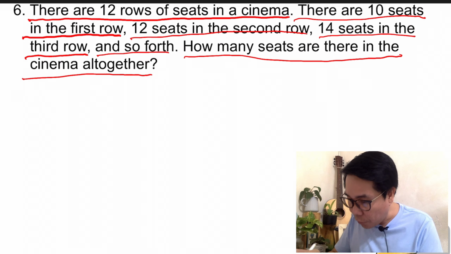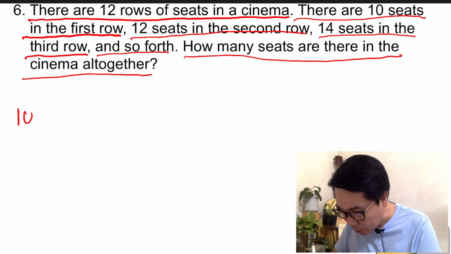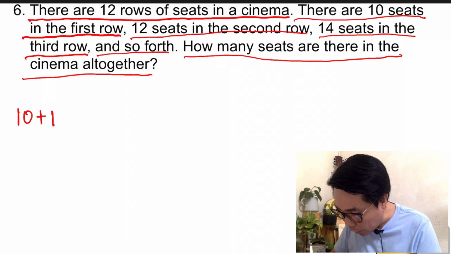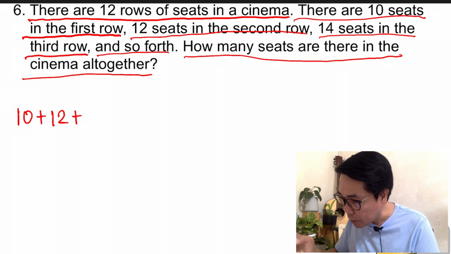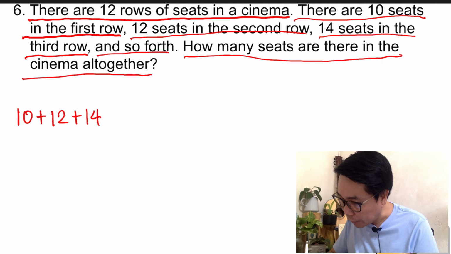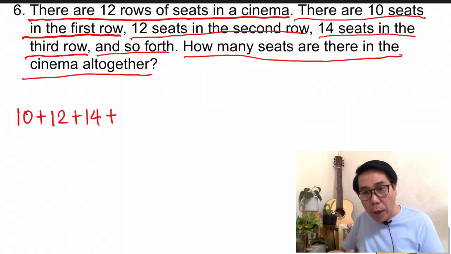Okay, so the first row, there are 10 seats. Next row is 12. After 12, 14. After 14, and so on. If you can see the pattern, 10, 12, 14, it's adding by 2 every time.